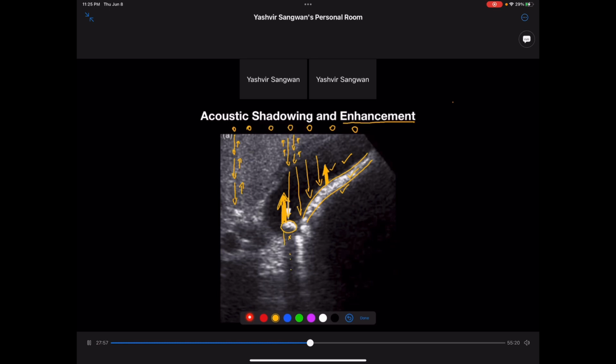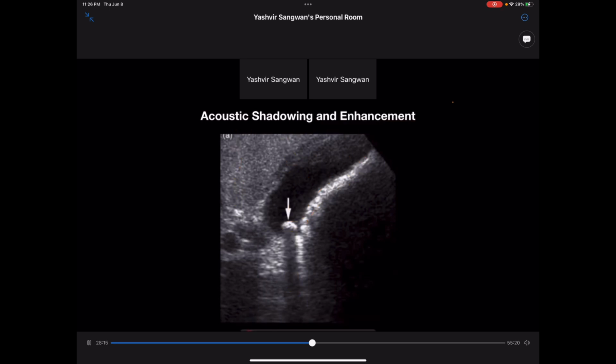And therefore, you have an area where nothing is coming back, so no image is registered, and this is acoustic shadowing. You will also see it when you are looking at ribs. You will see it when you are looking at vertebrae.